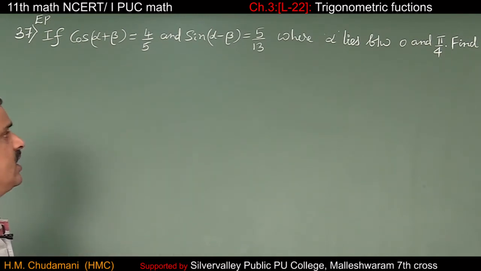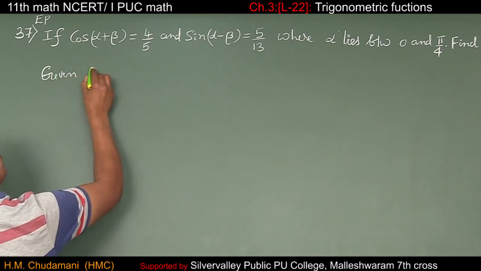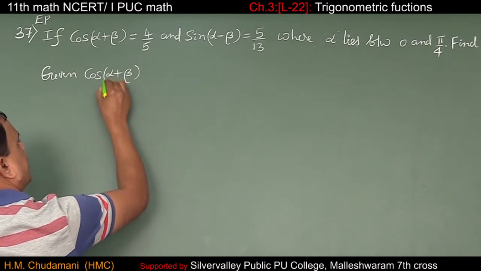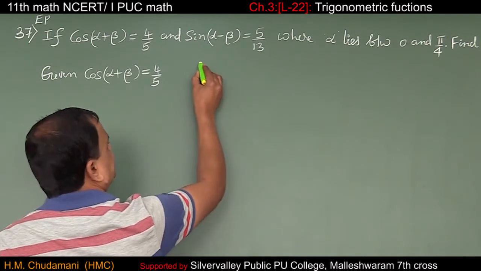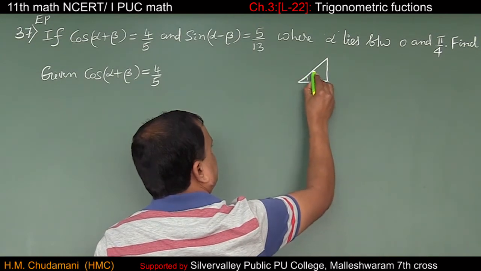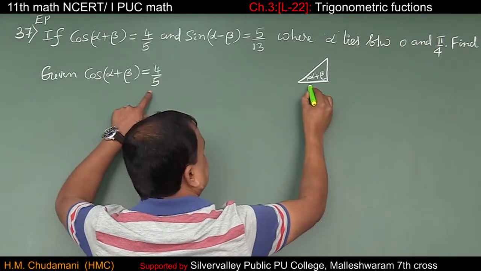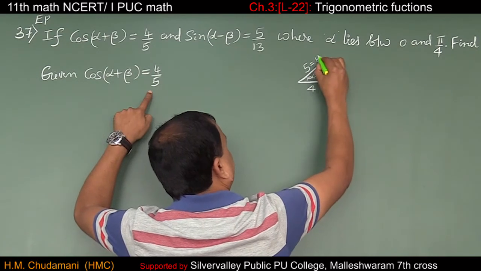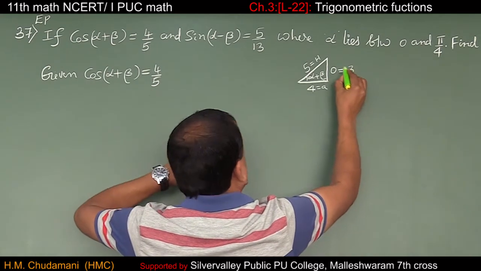Here, they have given cos of alpha plus beta as 4 by 5. Cos of the angle, this is alpha plus beta, you know. So adjacent side is 4, hypotenuse is 5, so that opposite side is equal to 3.